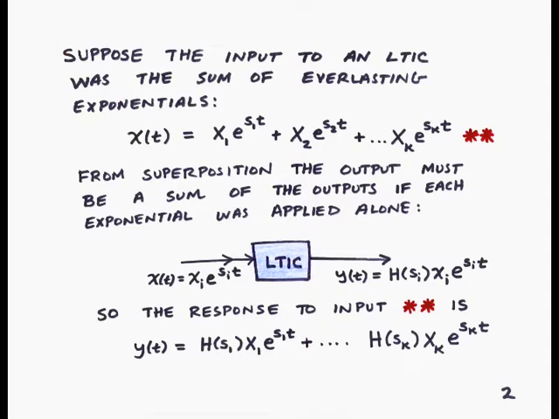So we're just finding the response to each one of the xi e to the sit by multiplying it by h of si and then summing them all together.